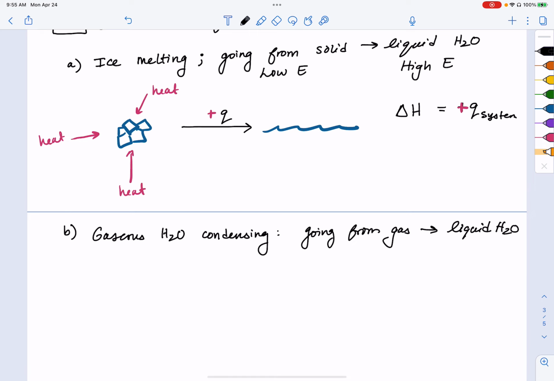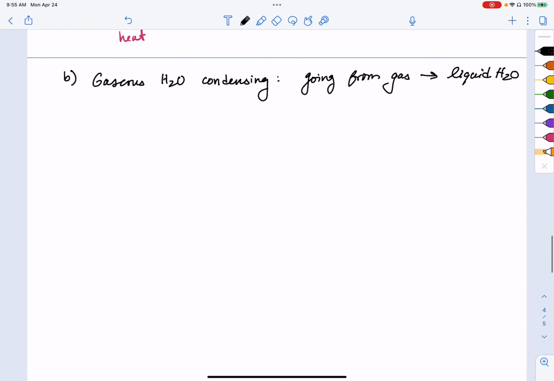So from steam to liquid water. And we know that gases have an inherent high amount of energy associated with them. They're a high energy phase. We've got a lot of kinetic energy, right? Those molecules are moving with a lot higher kinetic energy. And our liquid water, this is a lower energy state.